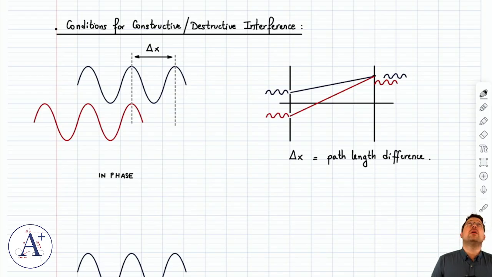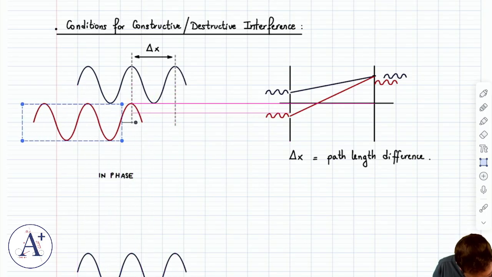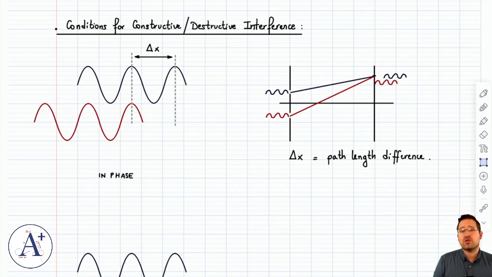Okay, now, of course, you could argue that we could describe any amount of shift, right? I mean, they could just be shifted super slightly. Maybe it's just that they're shifted this amount, like hardly at all, right? Or how about this? Or anything in between here and here really would be okay. And that's true. We're just going to focus on a shift between the two that results in the waves being exactly in phase again or exactly out of phase. Now, if they're exactly in phase again, like it is the case here, we're going to get constructive interference, right?